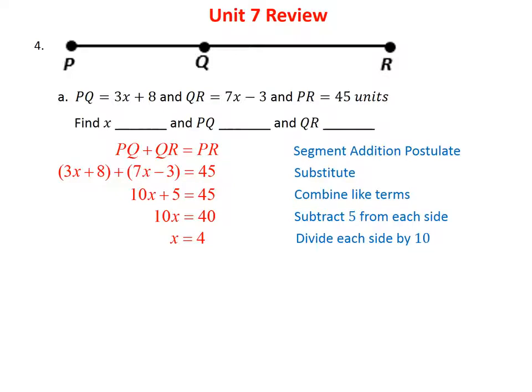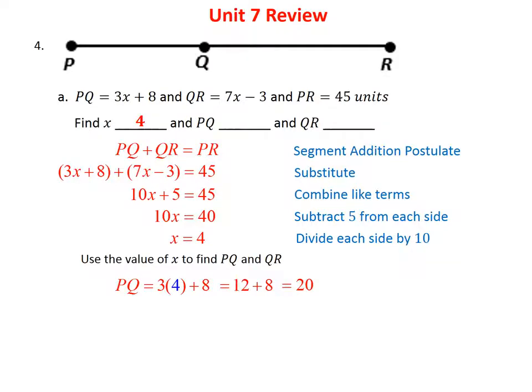Now be very careful on the test, because often in a multiple choice question they'll give you this answer, x equals 4, but we're not finding x in the test, although here we are finding x. To find PQ, we're going to put the value of x into the expressions for each segment. PQ is 3 times 4 plus 8, so that's 12 plus 8, or 20.